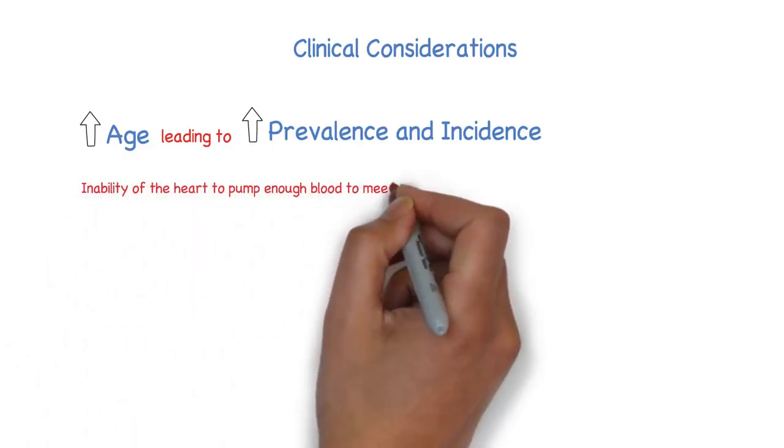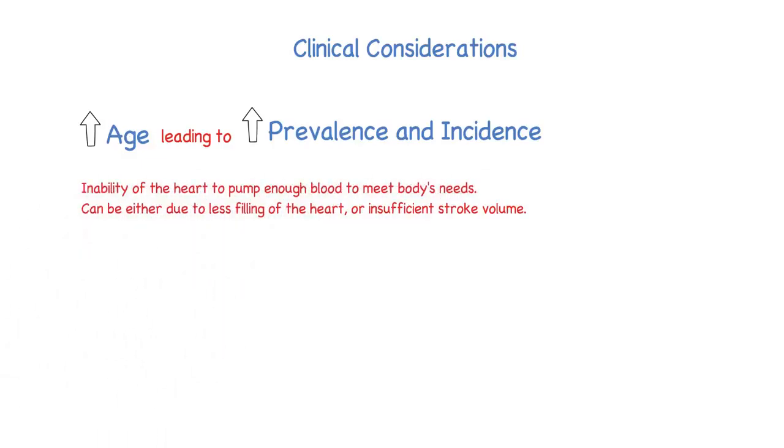By definition, it is the inability of the heart to pump enough blood to meet the body's needs. It can be due either to less filling of the heart or to less pumping force of the heart, so the ejection fraction reduces or stroke volume reduces. So keep in mind, either the heart is not filling correctly or the heart is not ejecting correctly.